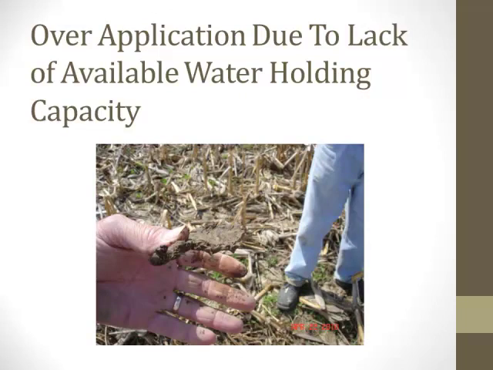I mentioned the available water holding capacity. A lot of our spills, our discharges, are because the soil cannot hold on to what's being applied. The available water holding capacity at the time of application is one of the limits for liquid manure that has to be looked at very strictly.